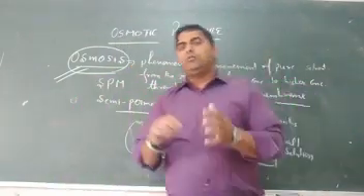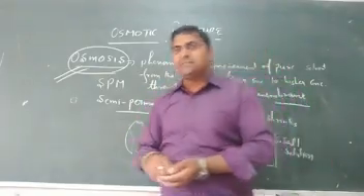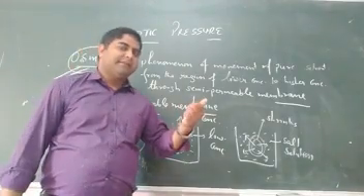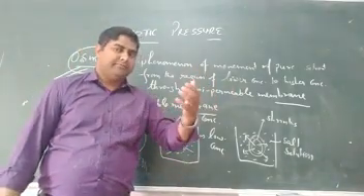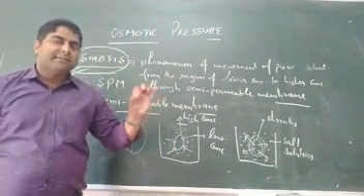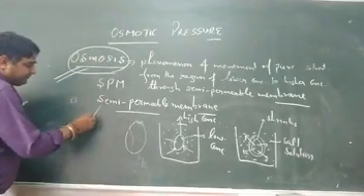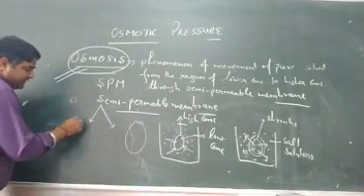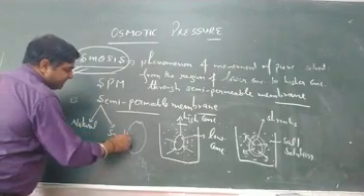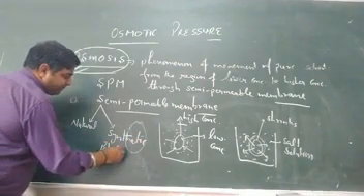Now, there are two types of semi-permeable membrane. One is natural and second is synthetic. The natural membranes are just like outer layer of the egg. Then we have animal bladders. And when we talk about synthetic SPM, we have potassium ferrocyanide.